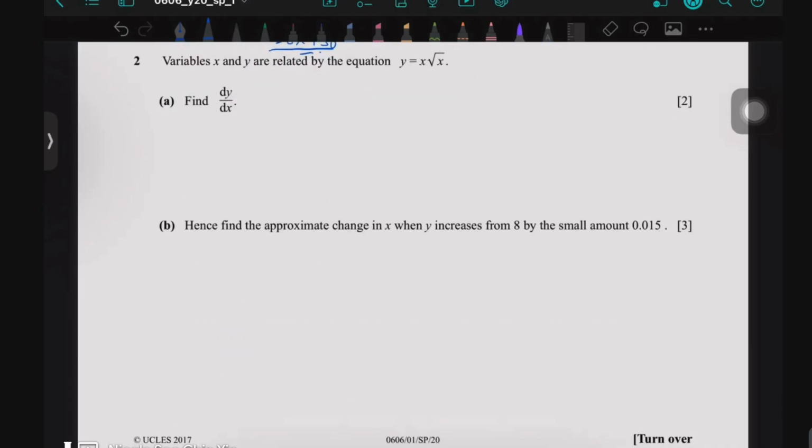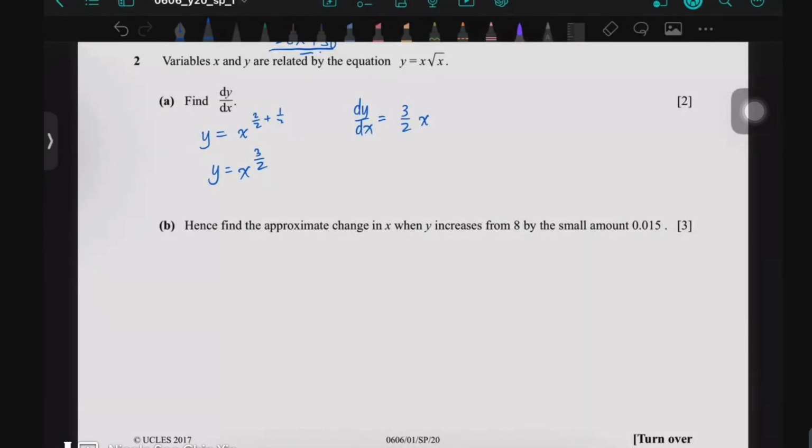The variables x and y are related by the equation y equals x square root x. Now they ask you to find dy/dx. First of all, before we find dy/dx, you will get x to the power of 2 over 2 plus 1 over 2, basically this is x to the power of 3 over 2. So to work out dy/dx, drop down your 3 over 2.